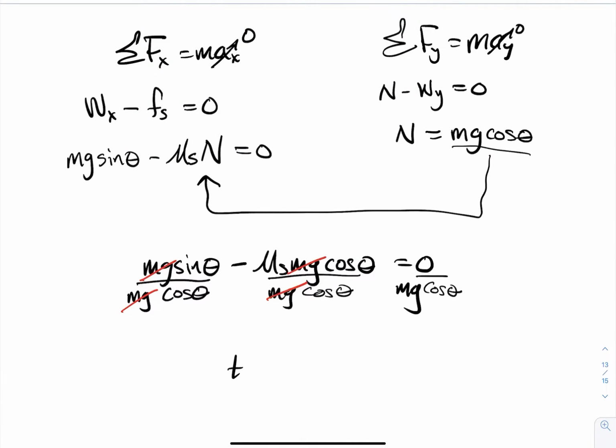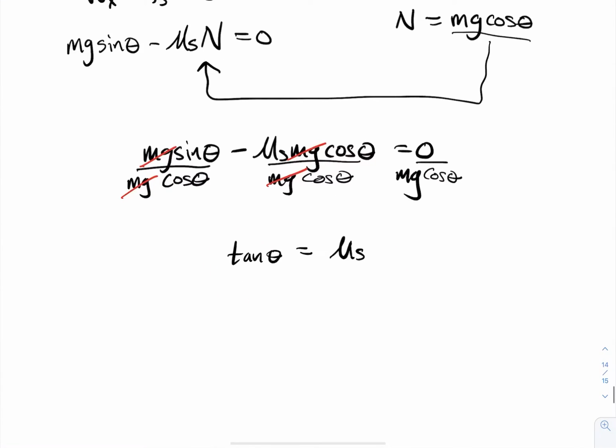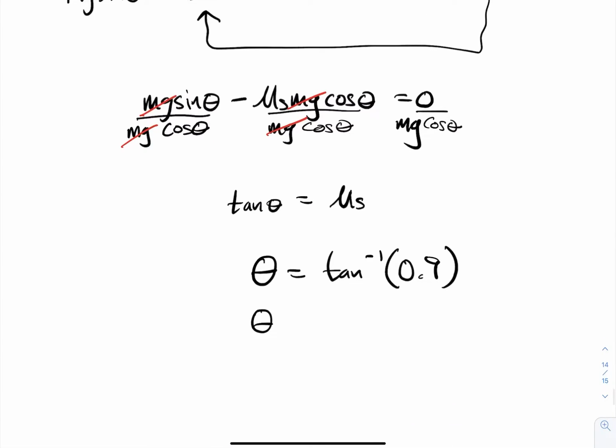This will give us tangent theta equals mu sub s, right? These are 1, these are 1, and we're left with minus mu sub s. So if I add it to the other side, I'll get this expression. If we do the inverse tangent of both sides, we can answer the first part of the question.